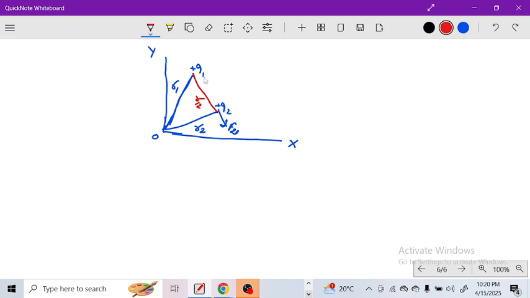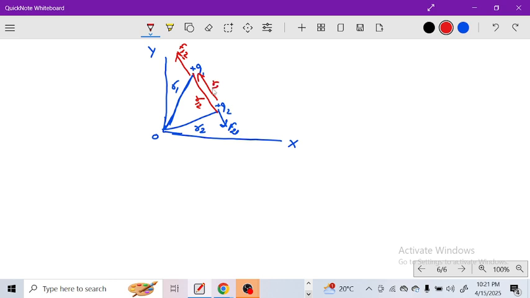Q2 also exerts force on Q1 in this direction. So we can write force on charge 1 due to charge 2, F12, and the distance between them is R21, charge 2 exerting force on charge 1.